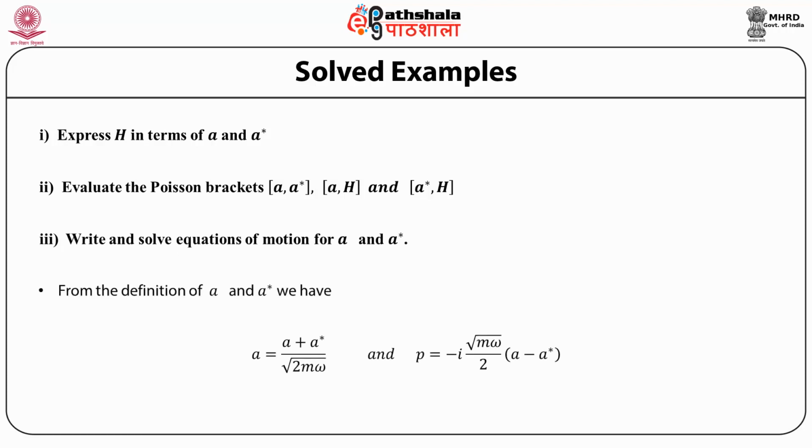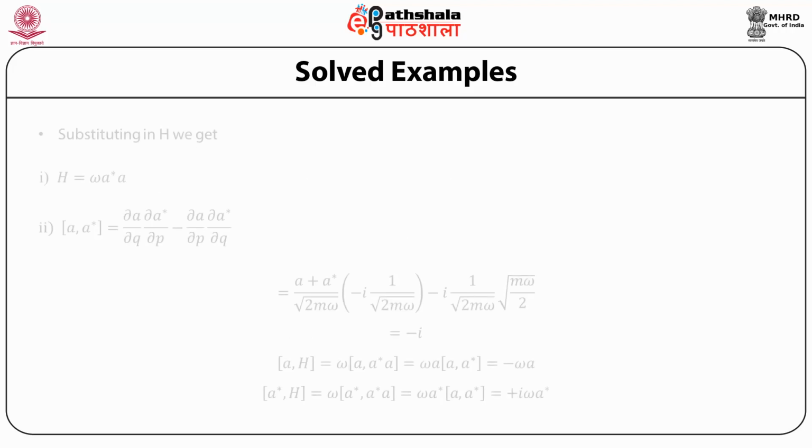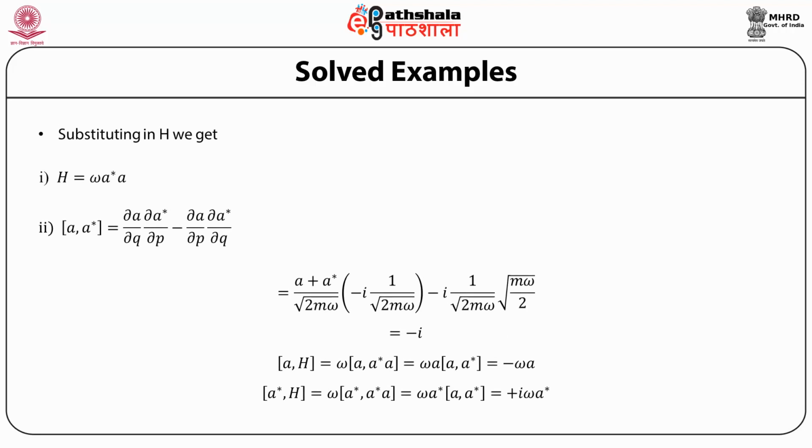From the definition of a and a star, we have x is equal to a plus a star by under root 2 omega, and p is equal to minus i omega times a minus a star. Now, substituting for these in H, H can be written in terms of only a and a star, because we substitute for x and p in terms of a and a star.